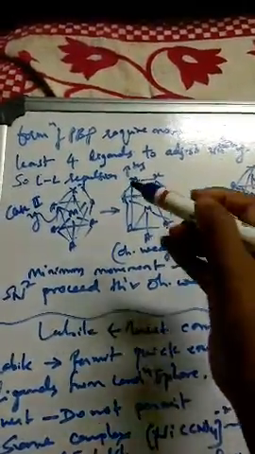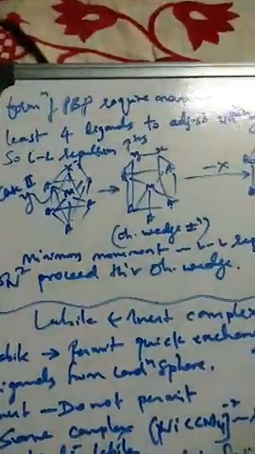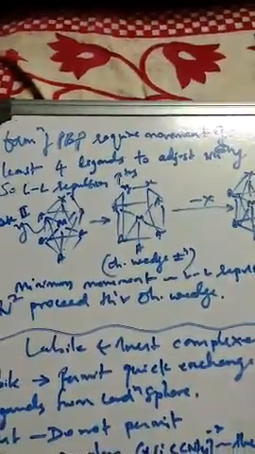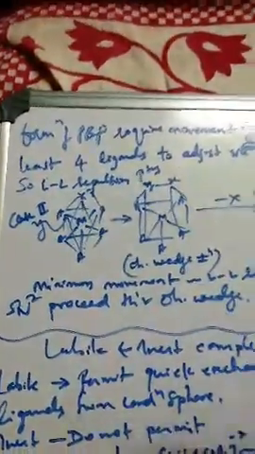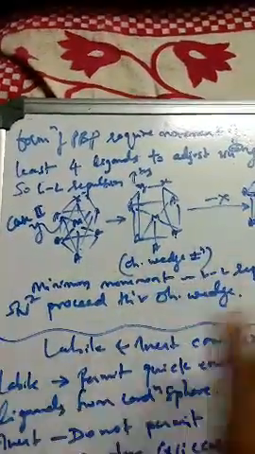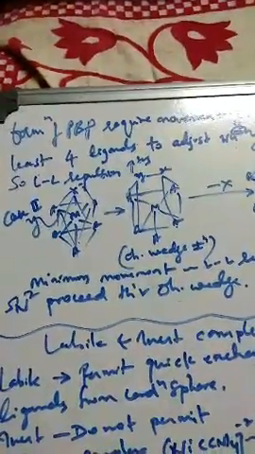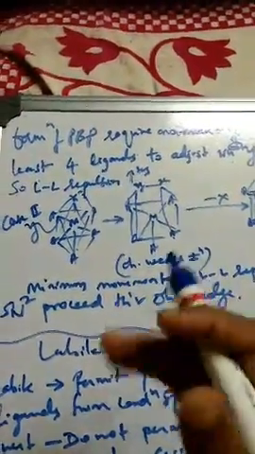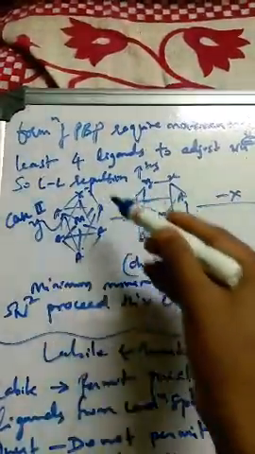So in the last class we had seen the mechanism of formation of the octahedral complex via the SN1 mechanism. In SN1 there were case 1 and case 2, and the reaction proceeded through the square pyramidal intermediate, because there was less movement of the bonds.